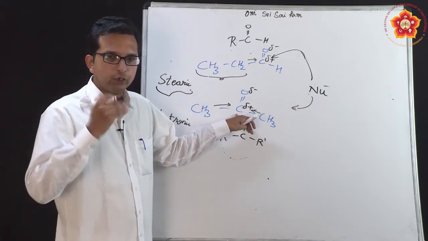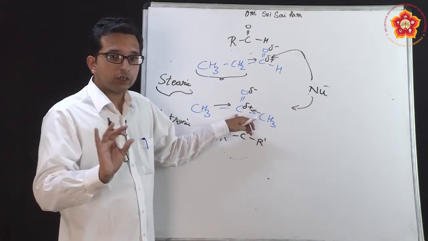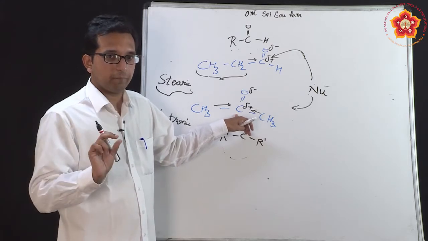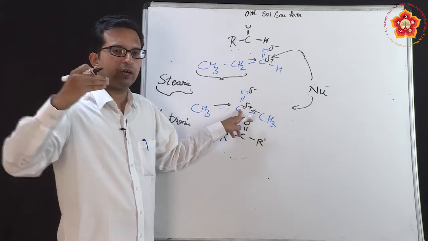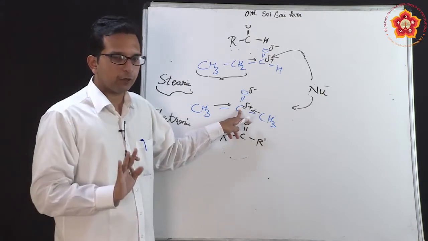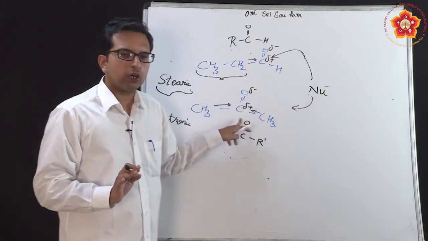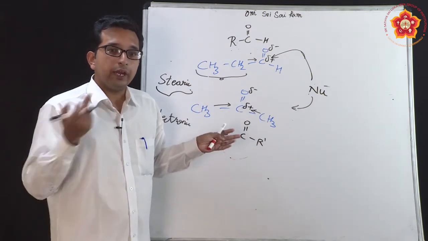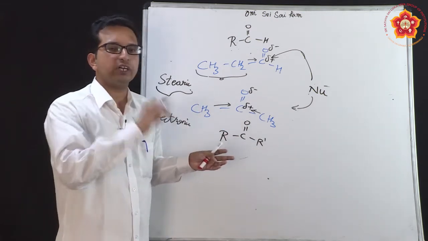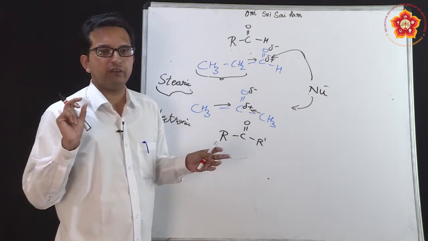What do we mean by reducing electrophilicity? Electrophile means electron deficient. But here, because of the presence of these two groups, the electron content is increasing, and therefore a nucleophile would not like to attack here so strongly, because the nucleophile is electron rich. It prefers a much more deficient electrophile.